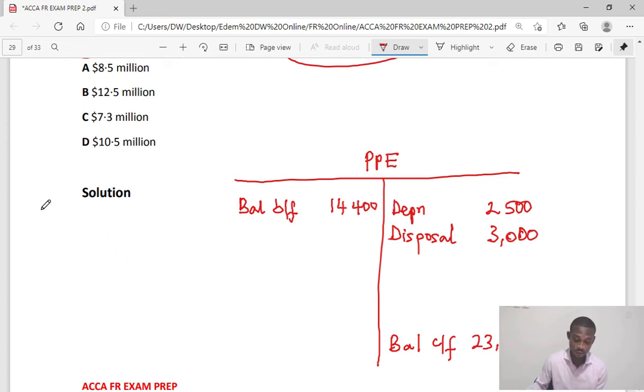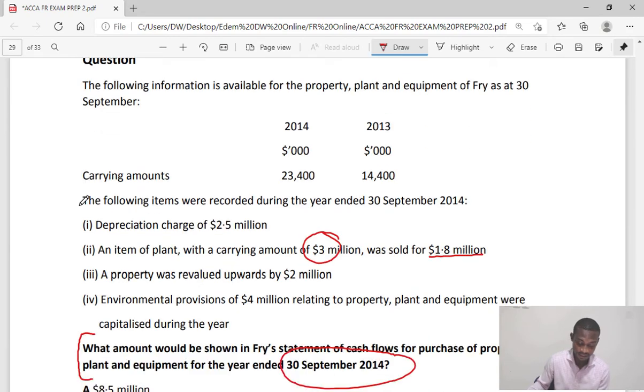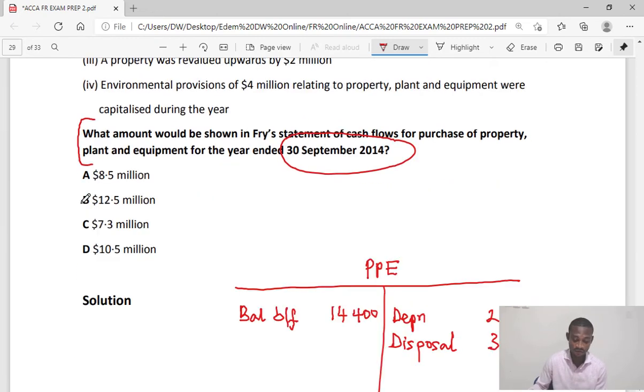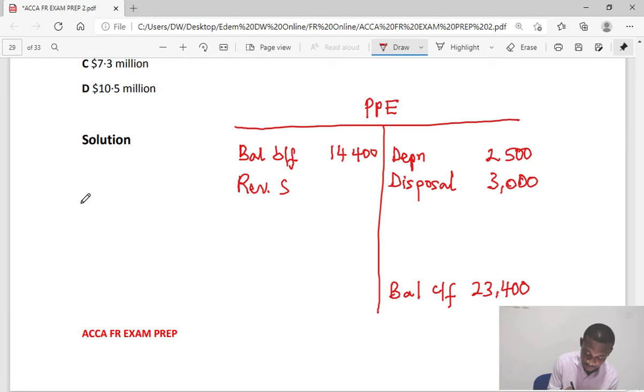Then I go back to look at the next item, and the next item here is that the property was revalued upwards by 2 million. If you have a revaluation upwards, it will increase the closing balance, but it is not a cash flow. So revaluation surplus, which is 2 million, and that would be debited.